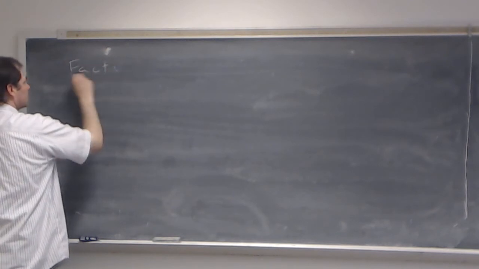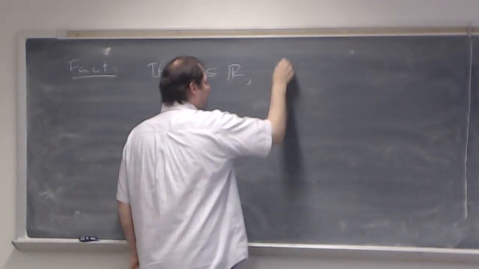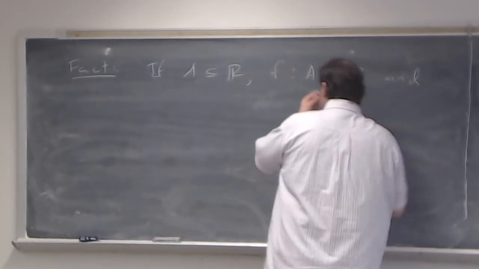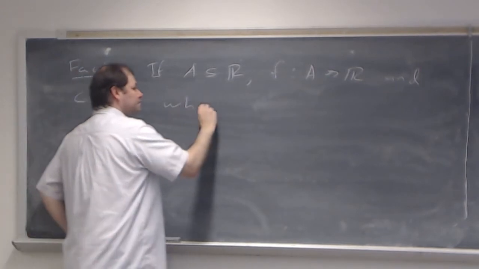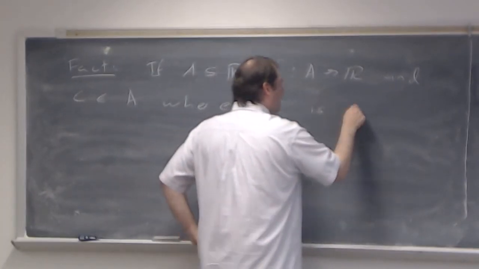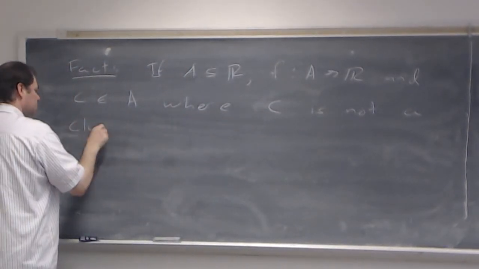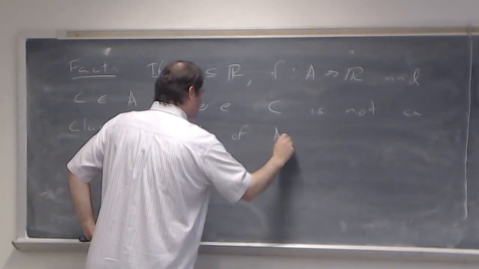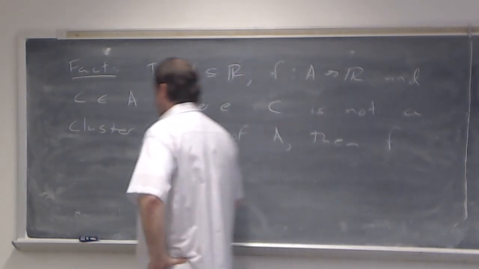So here's the fact. If A is a subset of R, f goes from A to R, and c is an element of A where c is not a cluster point, then the conclusion is f is continuous at c.